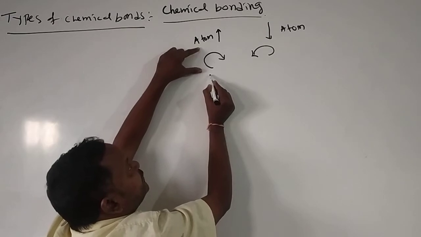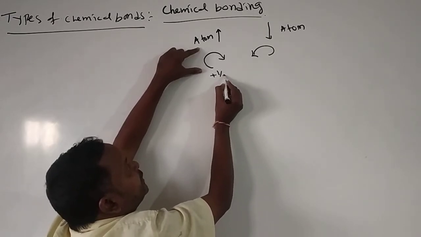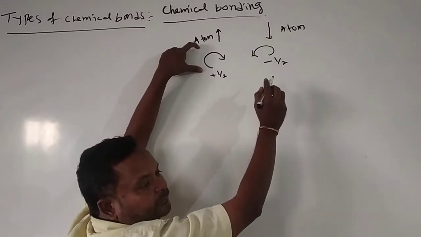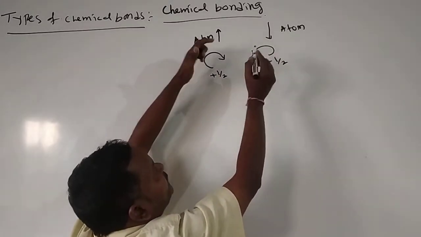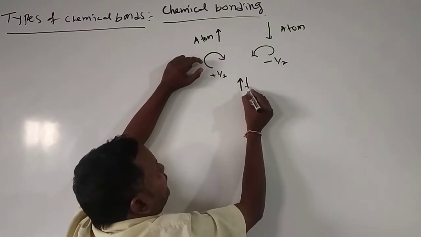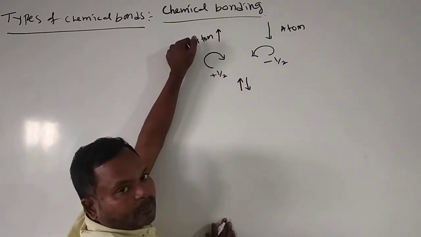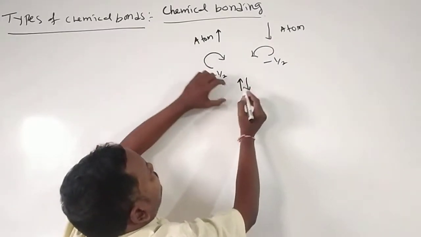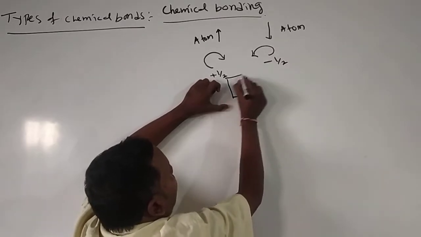The clockwise one has a plus value, and the anti-clockwise one has a minus value. Both react with each other and form the bond like this. This we call a chemical bond.